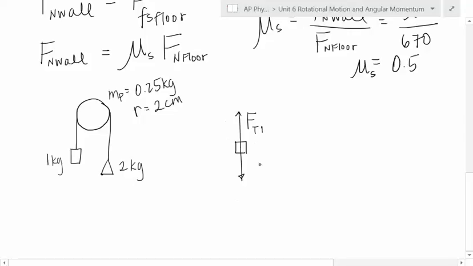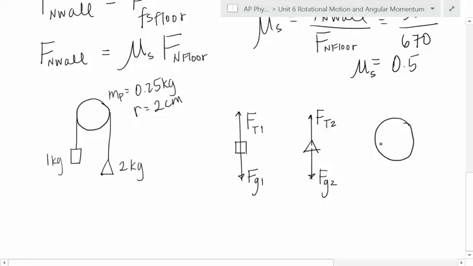You're not going to have an alpha if it's not an unbalanced torque. All right, so that is my 1 kilogram mass. My 2 kilogram mass has an FT2 and an FG2, and then I have the disc.